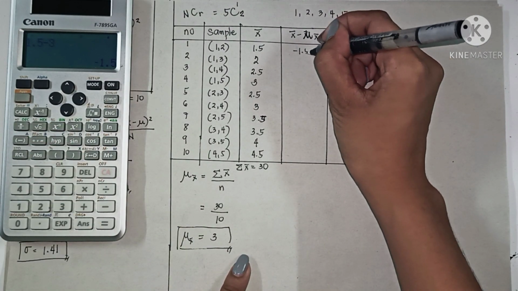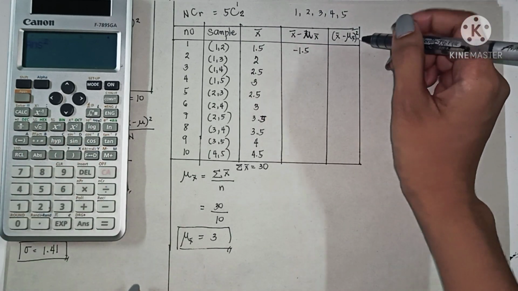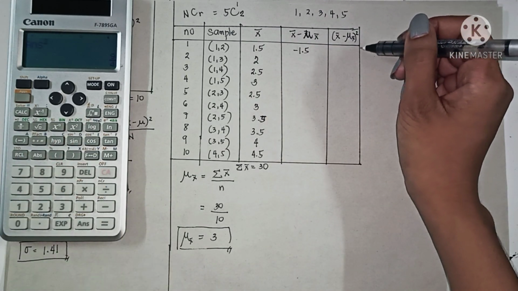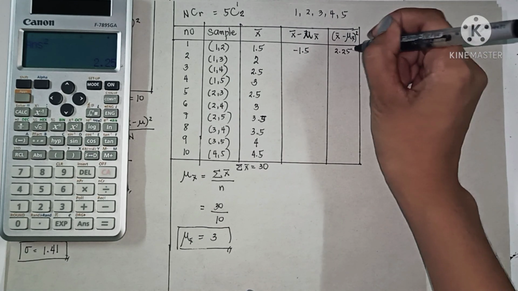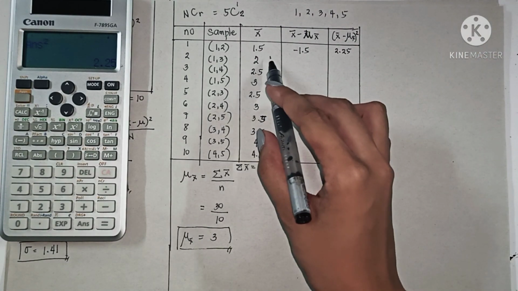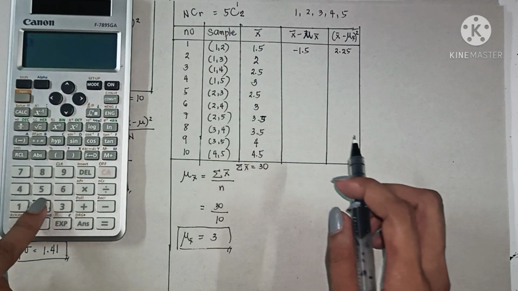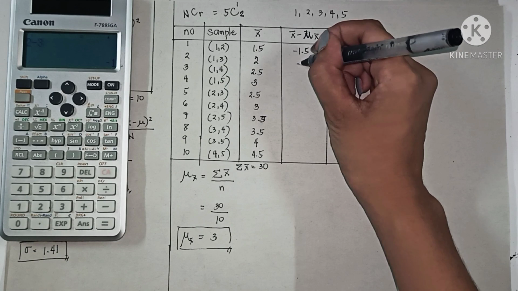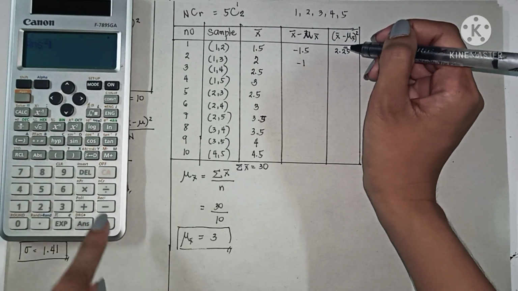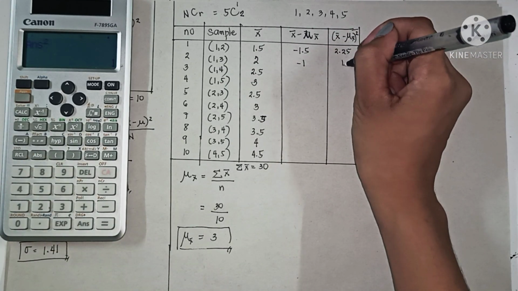Diretso squared para sa next column, and that is equal to 2.25. Okay, so next. If the value of our x is 2, so 2 minus 3 is equal to negative 1. Then squared lang po tayo, and that is equal to positive 1.